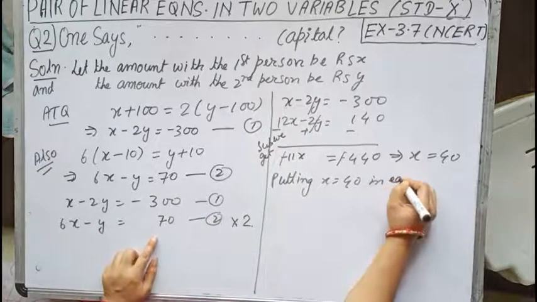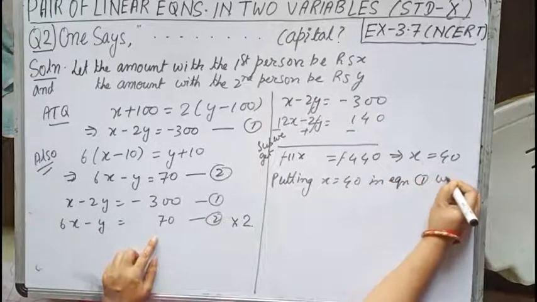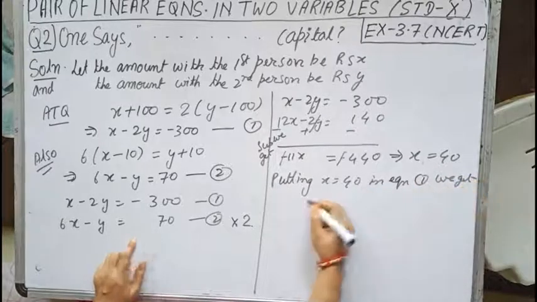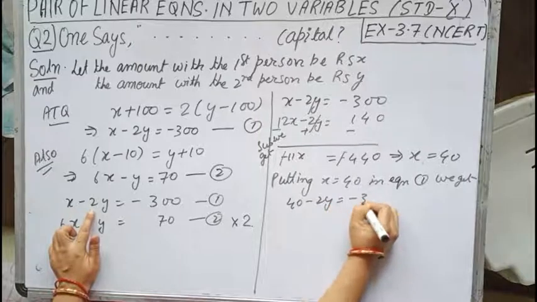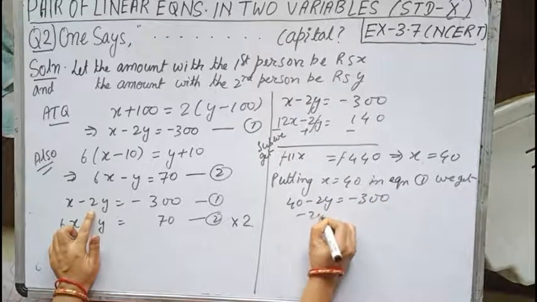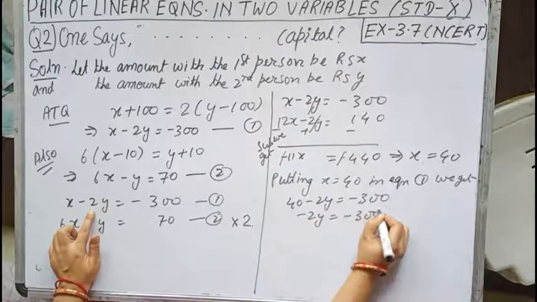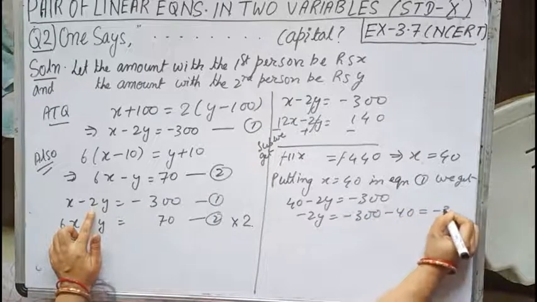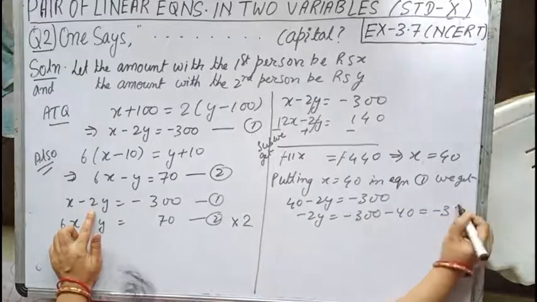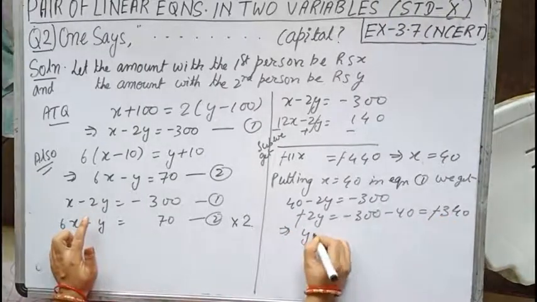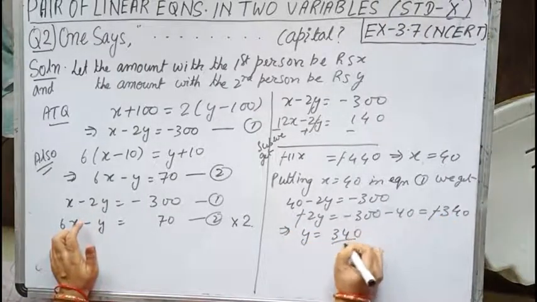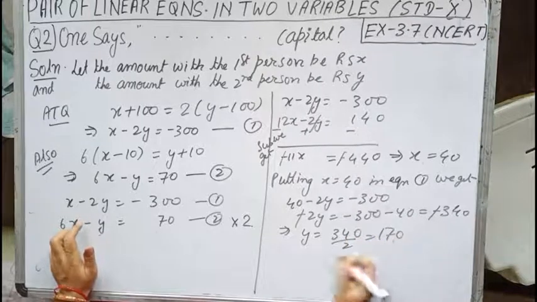In equation 1 we get x is 40 minus 2y equals minus 300. So minus 2y equals minus 300 minus 40 equals minus 340. So this implies minus minus cancelled. y equals 340 divided by 2 equals 170.